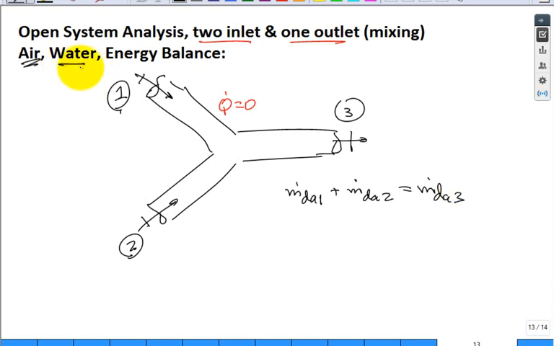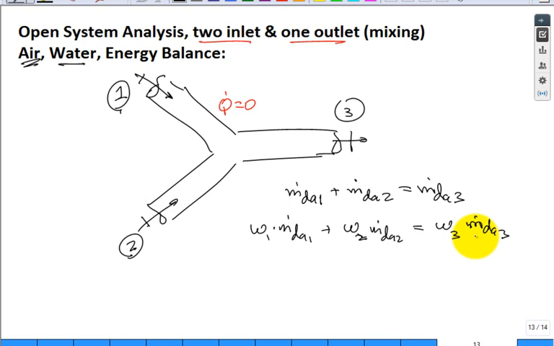That means the humidity ratio 1 times m dot dry air 1 plus humidity ratio 2 times m dot dry air 2 equals humidity ratio 3 times m dot dry air 3. Does that look reasonable? Well, the flow rate of vapor in with stream 1 plus the inlet flow rate from stream 2 mixes and goes out as 3.